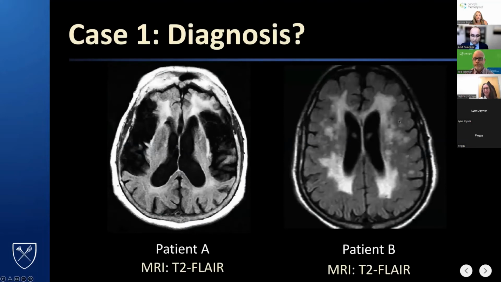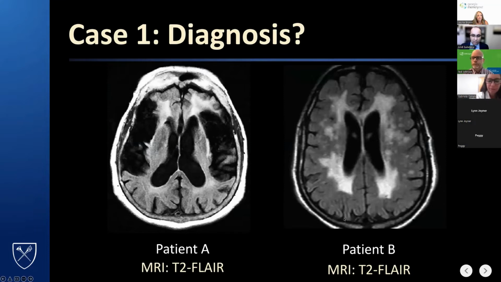All right, so I will start with the first case. This is actually two different patients, patient A and patient B, that share a similar diagnosis. If anybody wants to unmute and chat out, or actually I can't see the chat. We'll watch the chat for you. Okay.